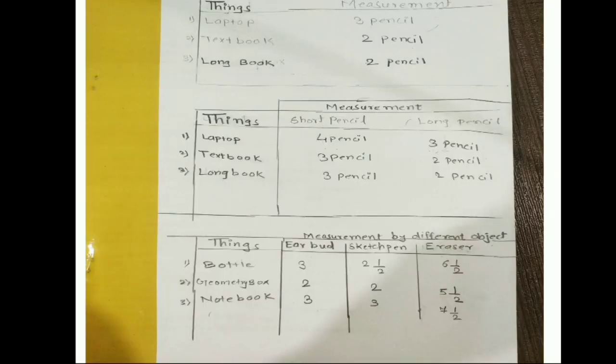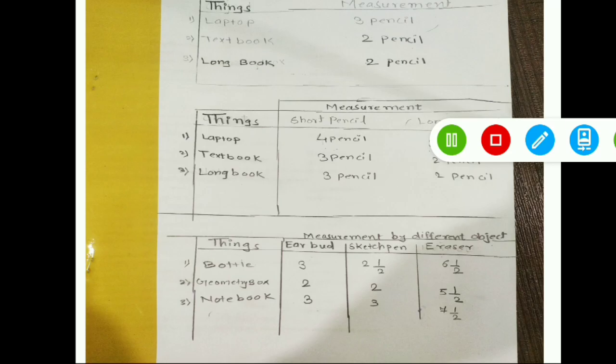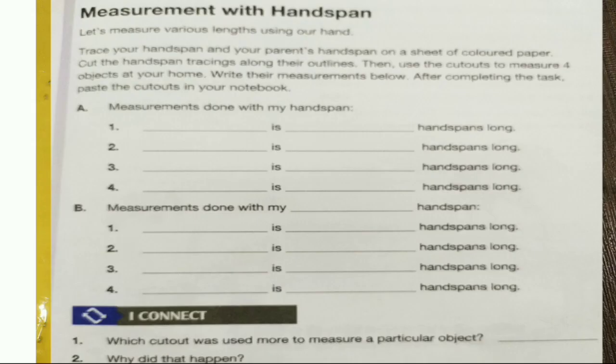That is a short of all my observations, and you can do the same activity at your home. Now, children, here we measure various lengths using our hands. Trace your hand and your parent's hand on a sheet of colored paper.